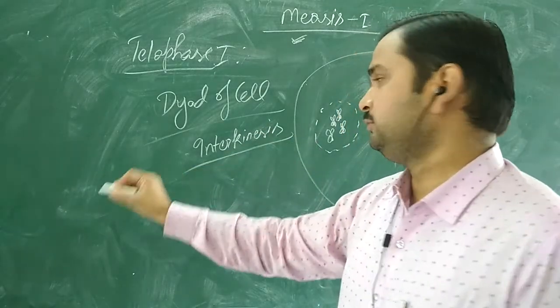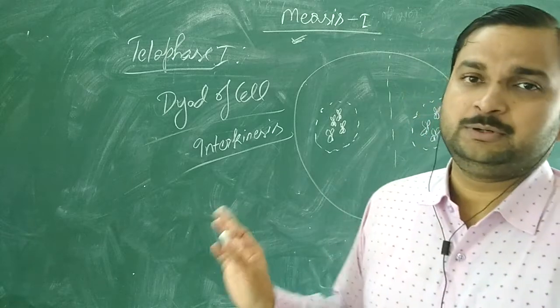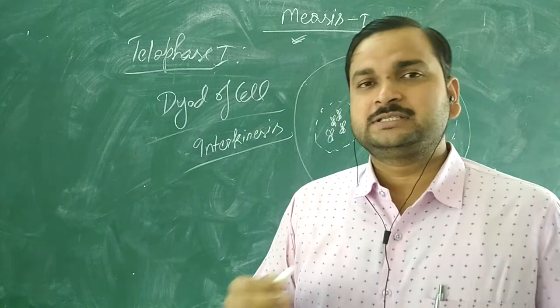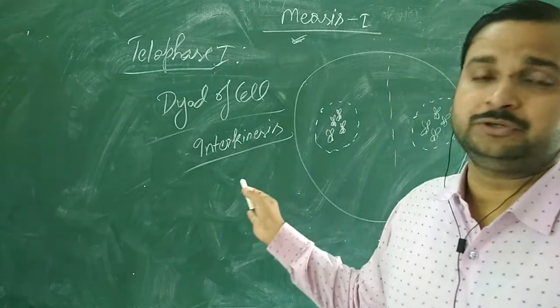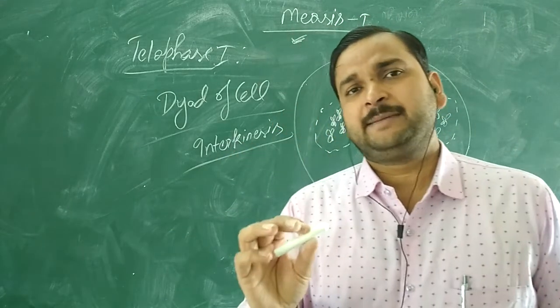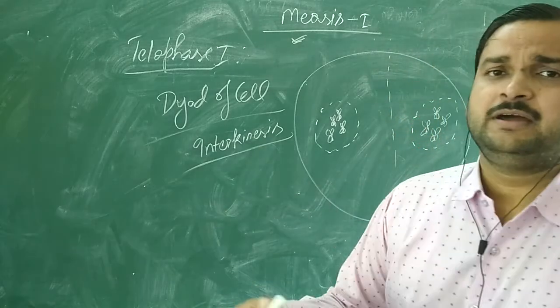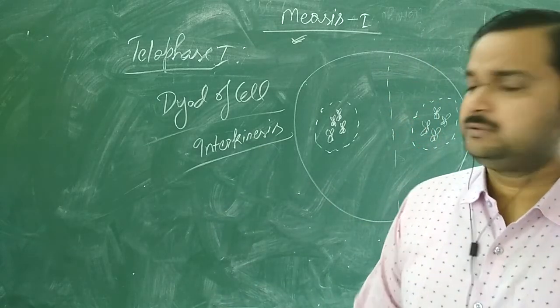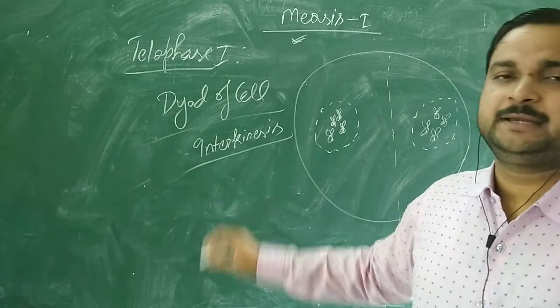But very important, I told you, during the interkinesis there will be no duplication of the DNA. There will be no synthesis of the DNA. This is simply a small time gap between the two successive meiotic divisions, meaning meiosis first and meiosis second. This is just a time gap. Okay, and the duration of this interkinesis may vary from cell to cell, but it will not be very time taking. So it is a small time gap only.